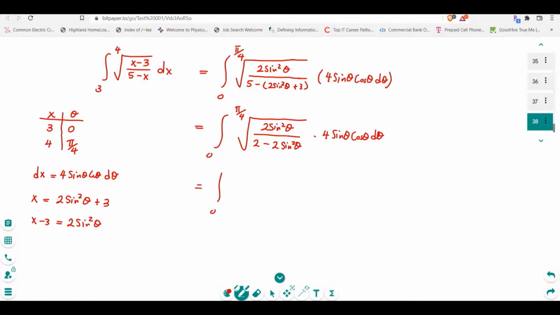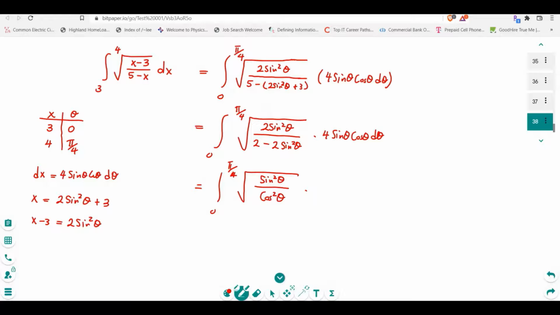also the denominator can be written like this. We have sine squared theta, and the denominator 1 minus sine squared theta. So that's going to be a cosine squared theta. We can write it as a cosine squared theta.